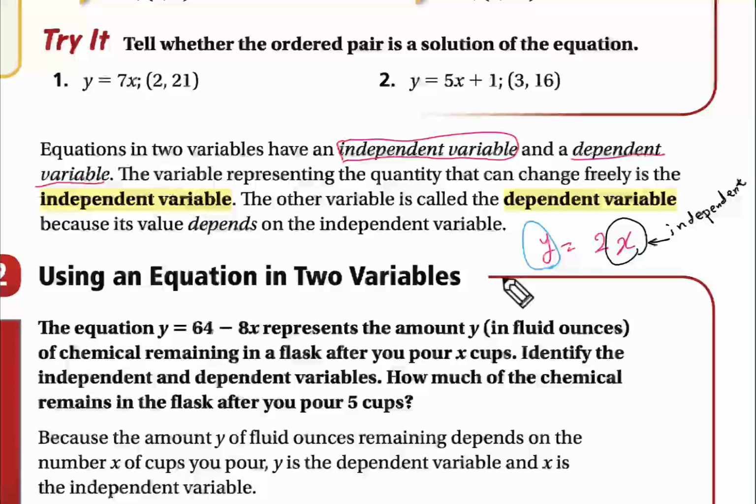So which one can change freely? x. So x is the independent. And y? We just multiply the number by 2 to get y, because it's 2x, 2 multiplied by x. So to get y, we multiply the number for x by 2.